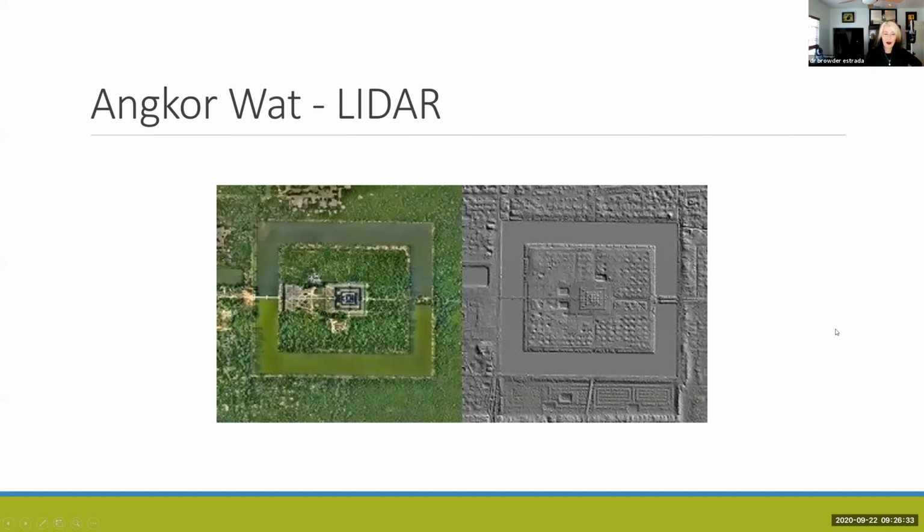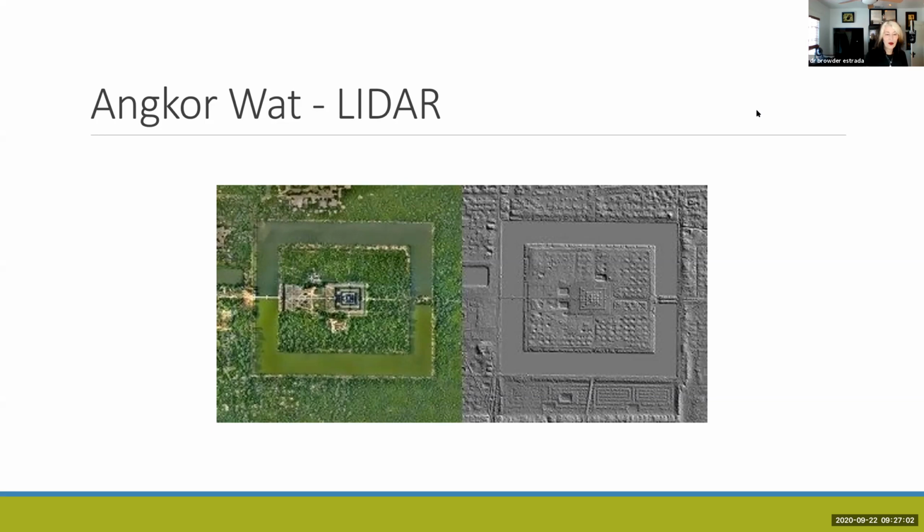Here's an example of one where you can see there's not a tremendous amount of forest. Some of this is trees, but a lot of it is lower shrubs. This is Angkor Wat in Southeast Asia, one of my bucket list places to visit once I have time and a budget, and don't have to worry about spreading super dangerous diseases.